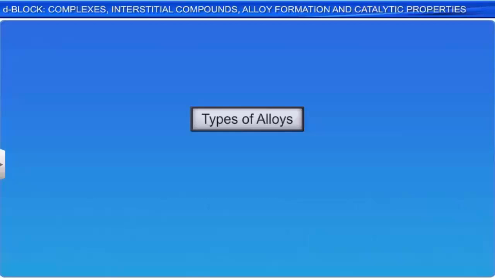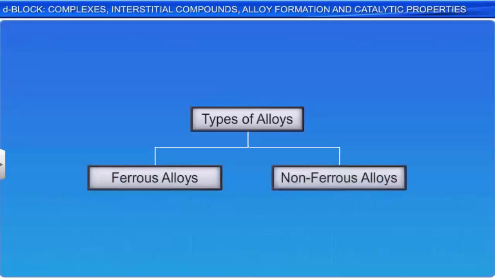Alloys are classified according to the components in two distinct types, namely, ferrous and non-ferrous.